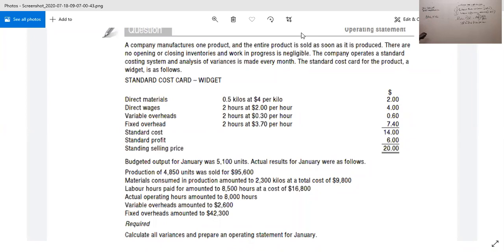We can see 2 hours, each at $2 per hour, giving us a total of 4 for every unit.